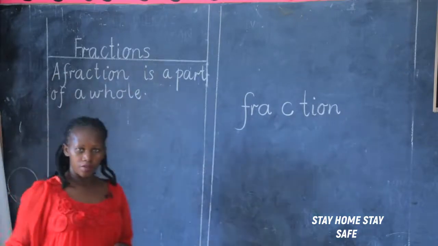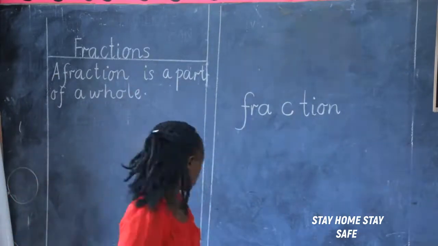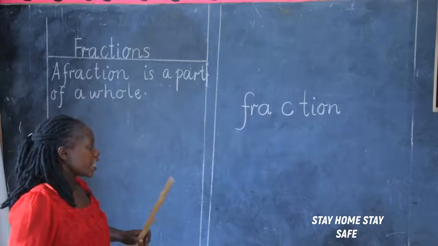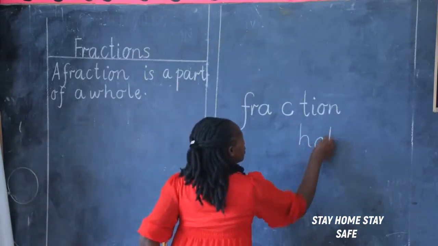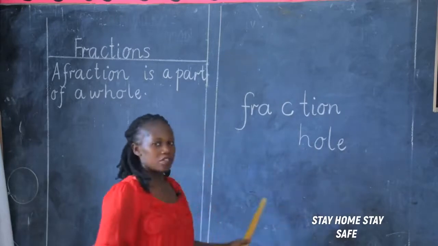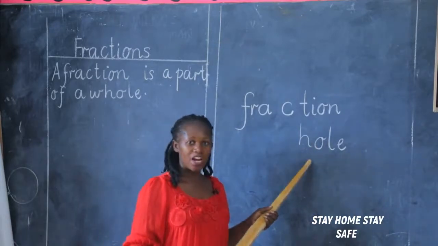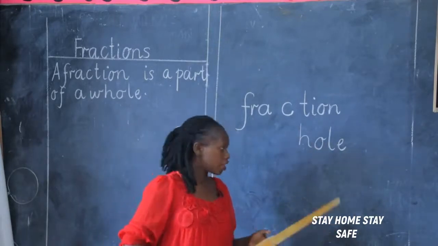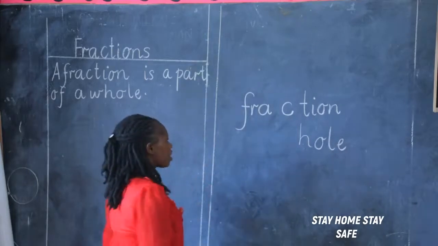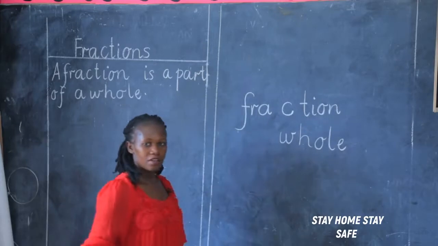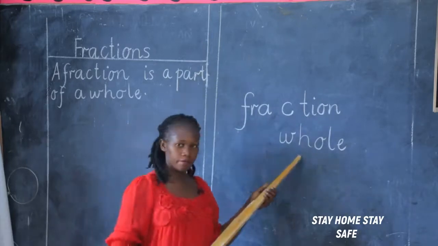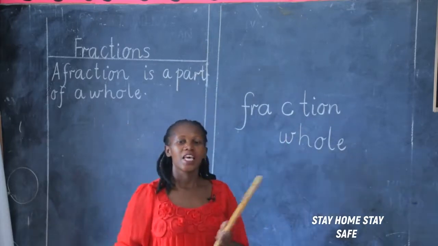Say whole. We have another word, whole. This one is found on the ground. You can fall into a hole. But the whole I'm talking about is the one which has W at the beginning. A whole means a full thing.